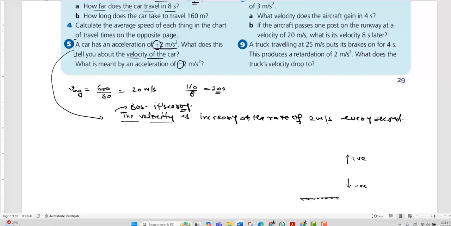Generally, for one-dimensional motion, we consider these signs to be representing the directions. So with this terminology, the acceleration would be minus g, meaning minus 10 meters per second square.